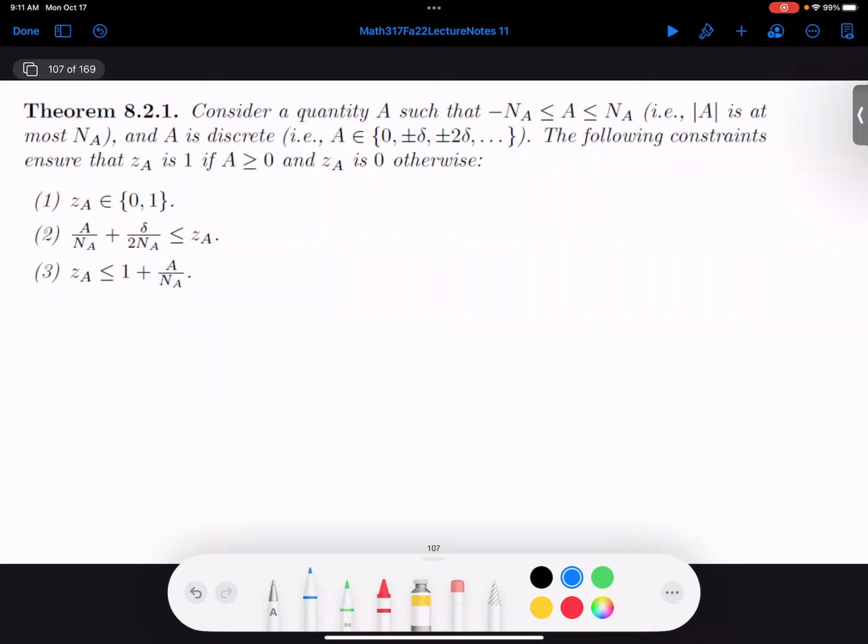So there are 2 cases for A. Case 1, let's say A is greater than or equal to 0, and case 2, A is less than 0. Let's just analyze both of those cases. So let's do the case where A is greater than or equal to 0. Let's look at 2.